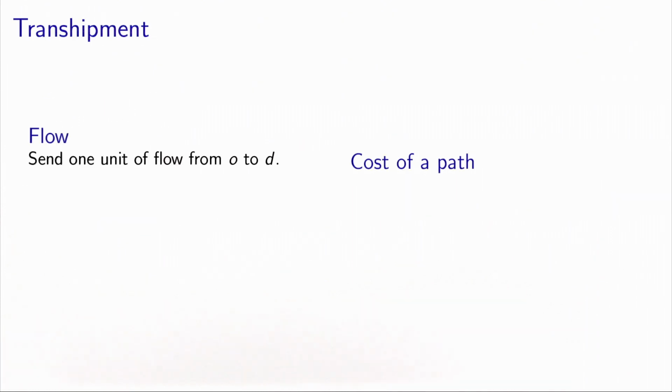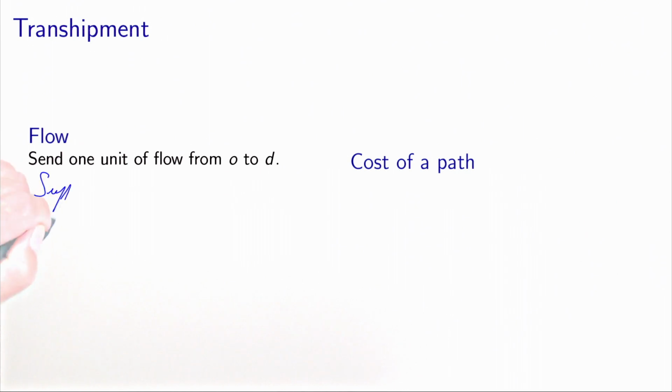In order to model the shortest path problem as a transshipment problem, what we will do is to send one unit of flow from the origin to the destination. And the transshipment problem will identify the routing of this flow through the network to minimize all the costs. In that case, we need to define the data of the problem, that is the supply, demand information, and the capacities on the arc.